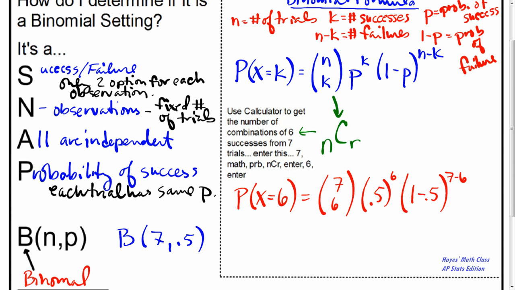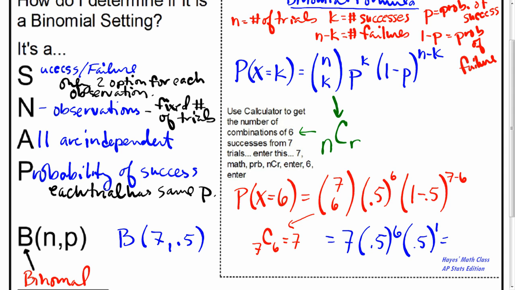So the probability of success, 0.5, raised to the number of successes, 6, times the probability of failure, which is 1 minus 0.5, raised to the number of failures, which is 7 minus 6. Then 7 choose 6, in the calculator, equals 7. So this whole thing turns into 7 times 0.5 to the 6th power times 0.5 to the 1st power.